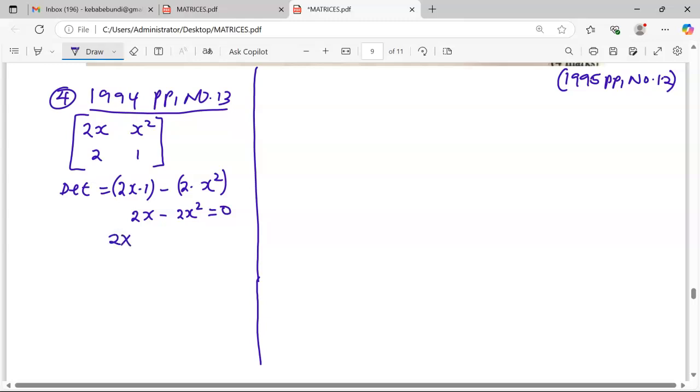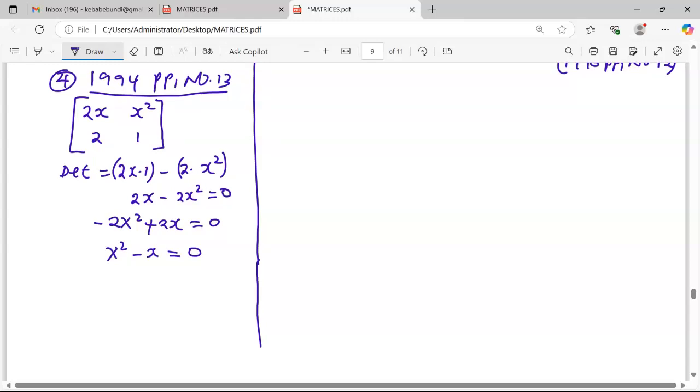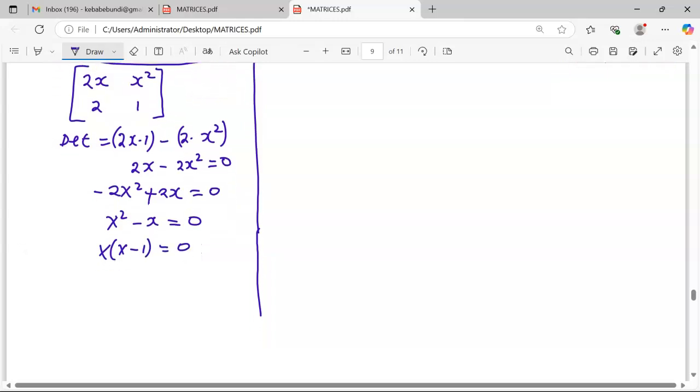We are going to have negative 2x squared plus 2x, and this is going to be equal to 0. If we divide by negative 2 all through, we get x squared minus x being equal to 0. From here we can factor x because it is common, into x(x minus 1), and this is going to be equal to 0.